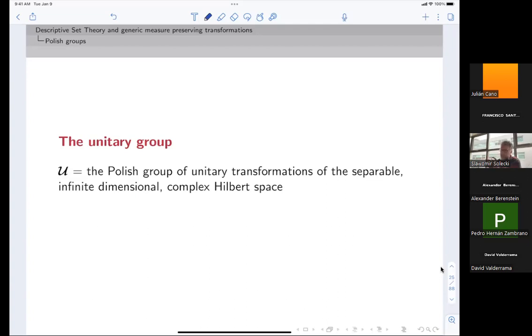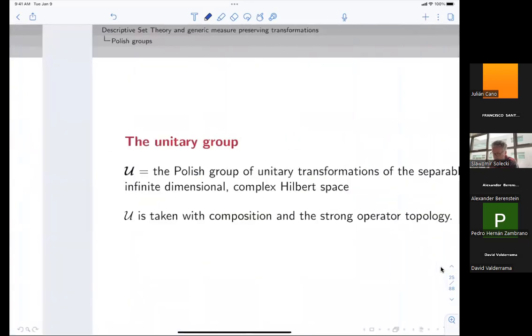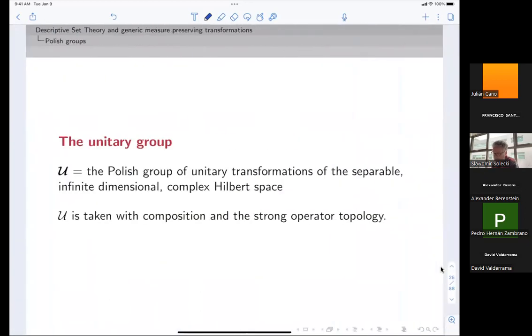So these are, let's say, transformations that preserve angles, and I take it with composition and make it into a Polish group using the so-called strong operator topology. Again, there is a unique Polish group topology on that group.